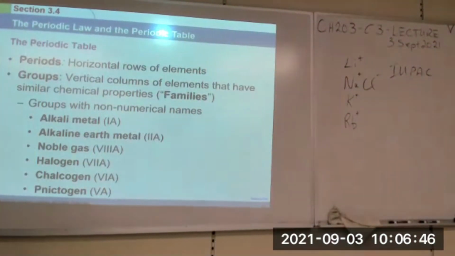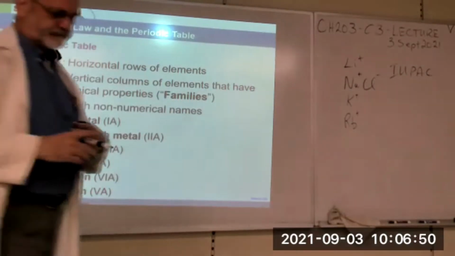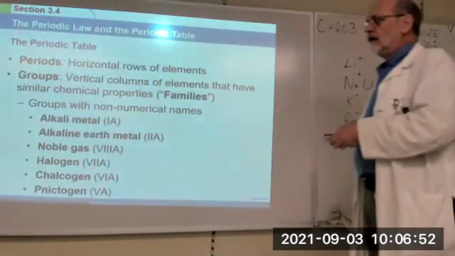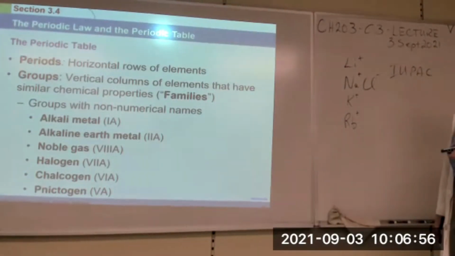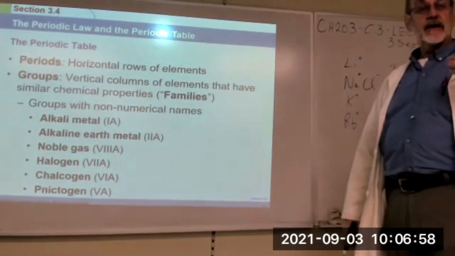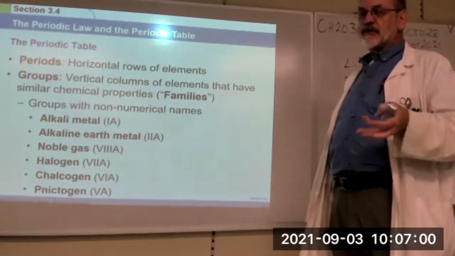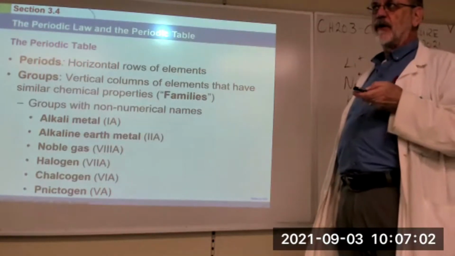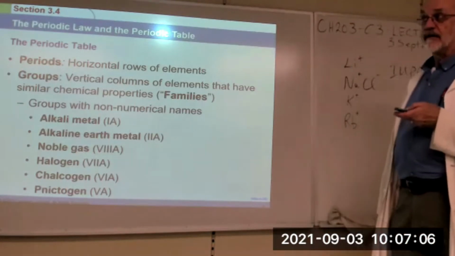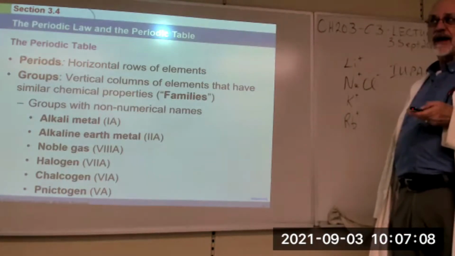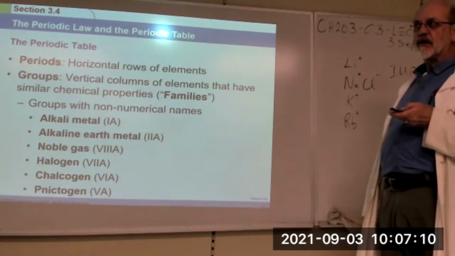So we'll talk about that a little bit later. That's sort of a teaser. But when I had you fill out that extra credit, we used the newer system, just left to right, 1 through 18. But I just wanted to make the point that this is very useful. Now, when you get down in the transition elements, notice they call them Bs.